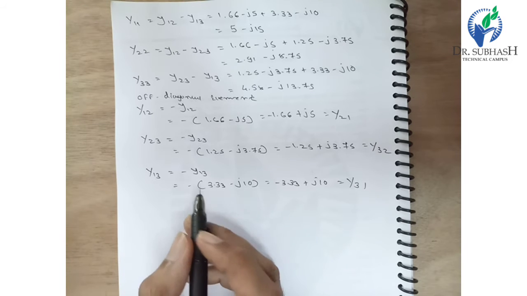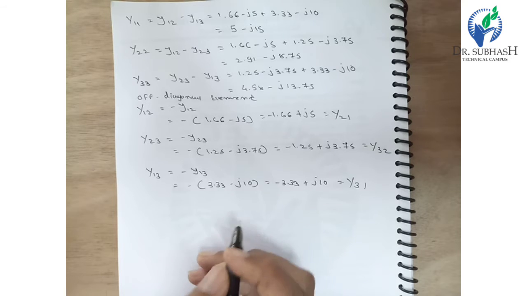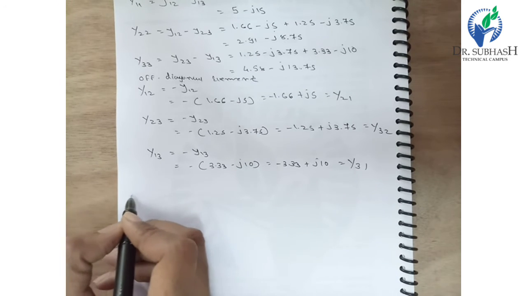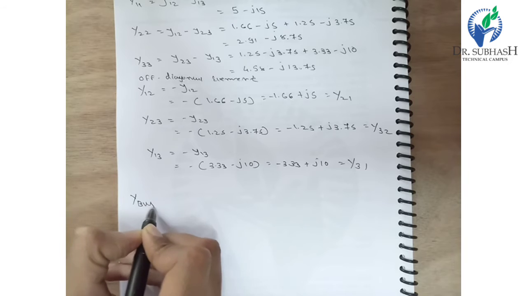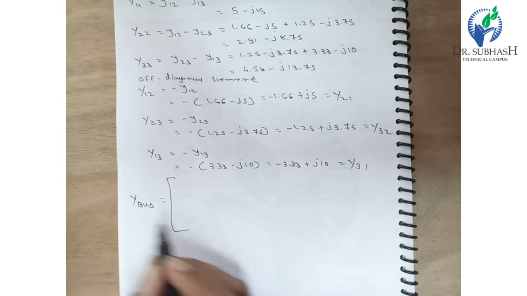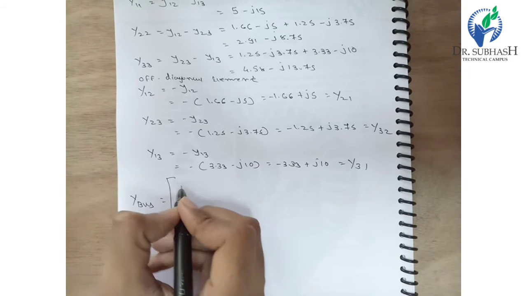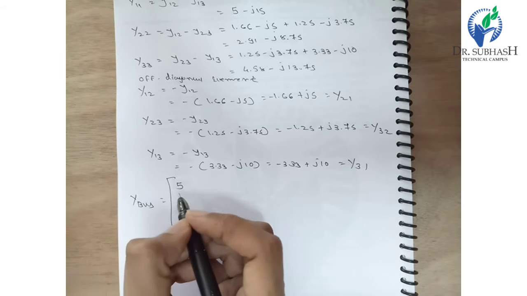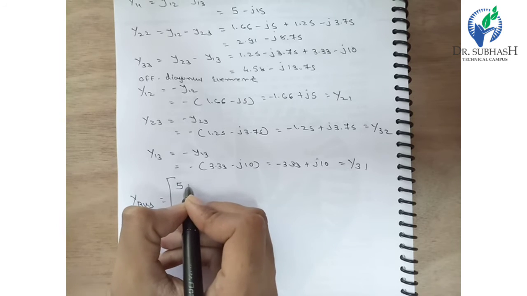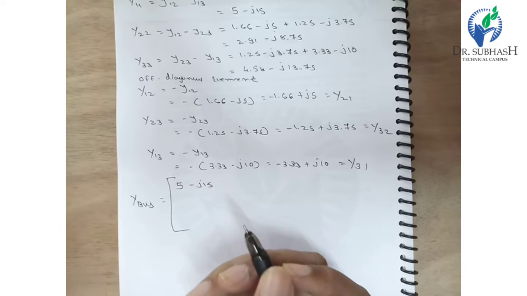By using this off diagonal element and bus admittance matrix, we should write the total Y bus system of this given network. The Y bus of the value is this form. In the first row, we should write the value 5 minus j15.